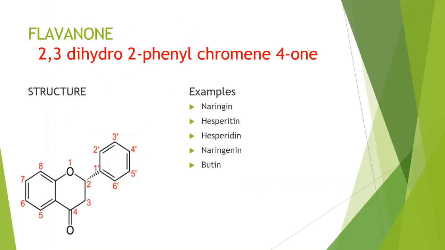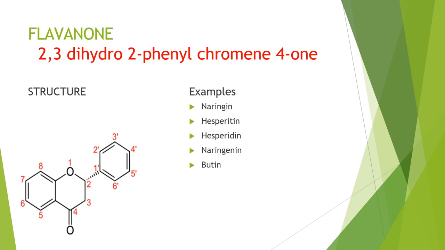Now flavanones, 2,3-dihydro-2-phenylchromen-4-one. The examples of these flavanones are naringenin, hesperidin, and butin.